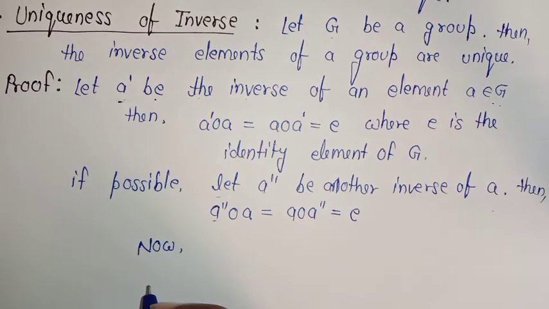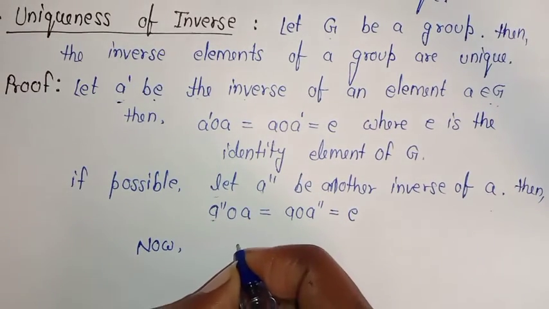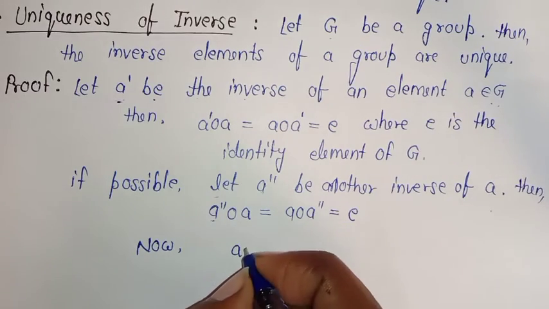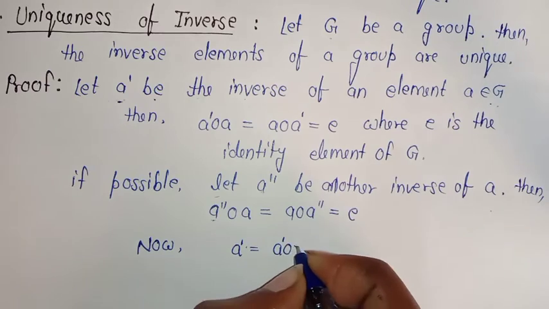Now we know by the property of existence of identity that if we multiply any element by identity, then we get the same element.